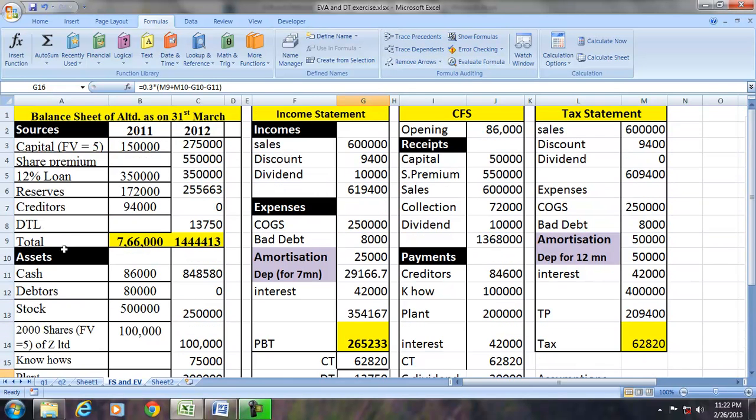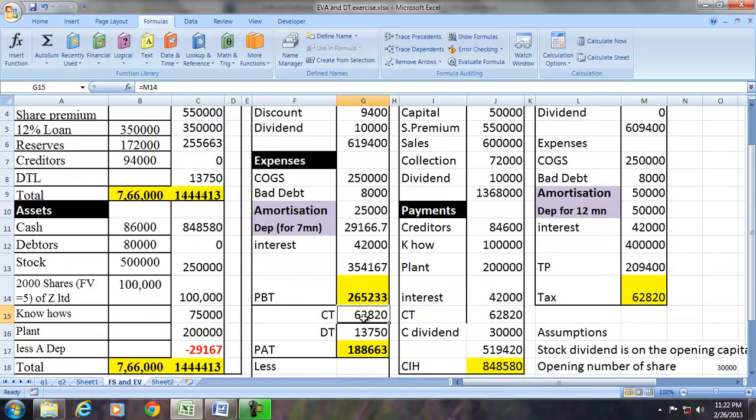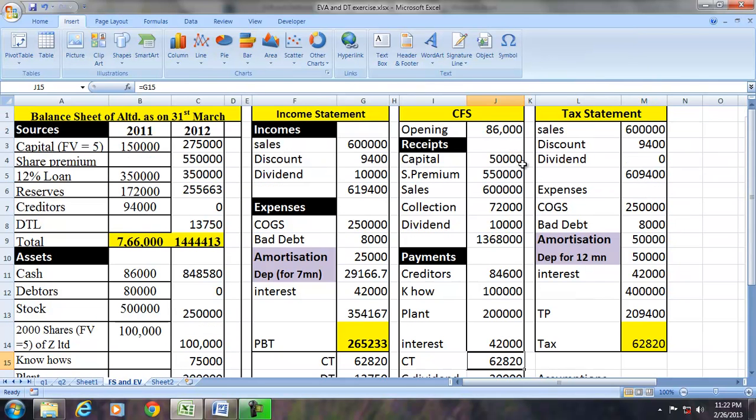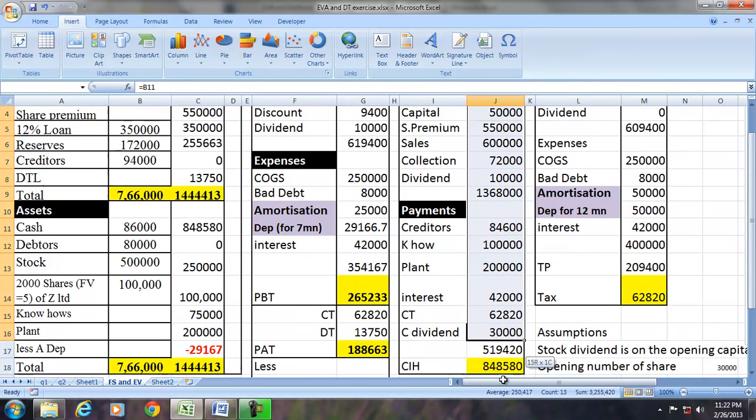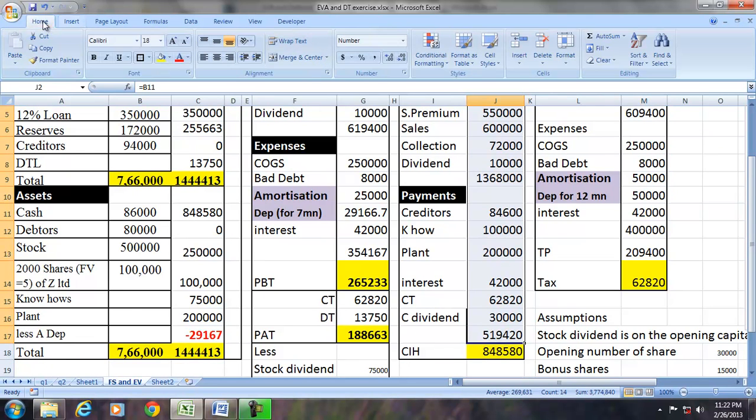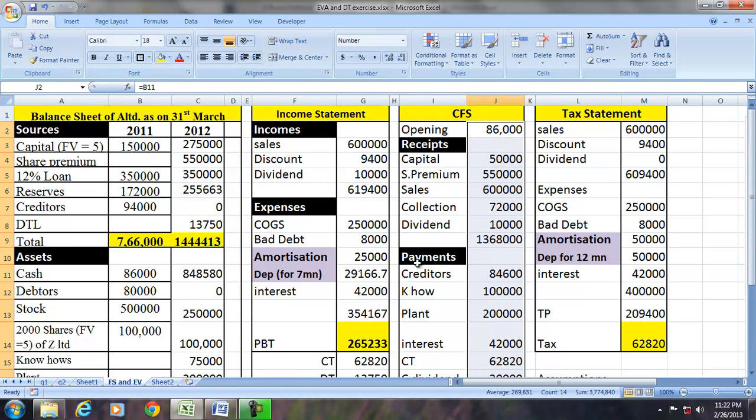So the deferred tax will be shown on the balance sheet as a deferred tax liability, and the current tax will be shown as a payment if it is paid, and if it is not paid it will appear on the liability side as a tax payable. So with a given set of transactions, it's possible to convert the transactions into financial statements.